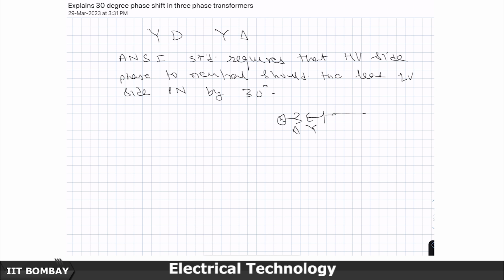I have a transmission line, and on the other side there are loads and I have another generator sitting here, also star to delta in the same way. This being the HV side, it leads the corresponding star to neutral by 30 degrees. Everything is an unloaded system. All these generators I am taking as identical; I am building a symmetrical system.